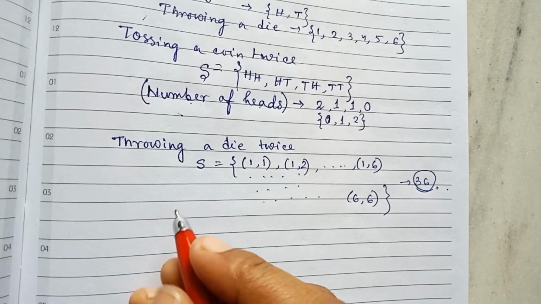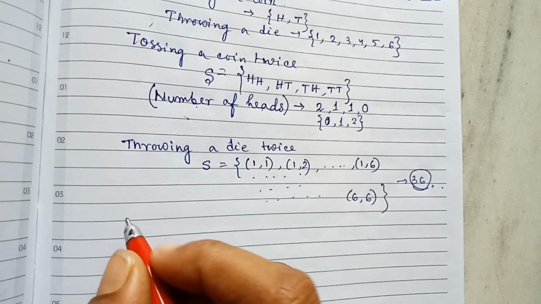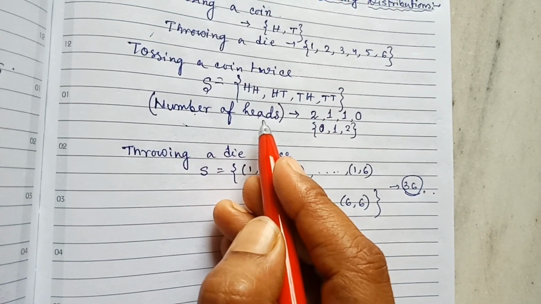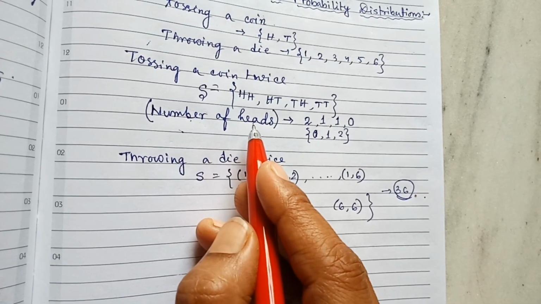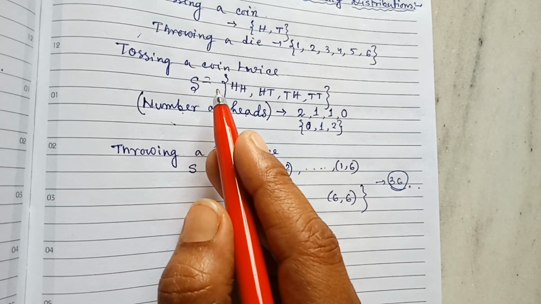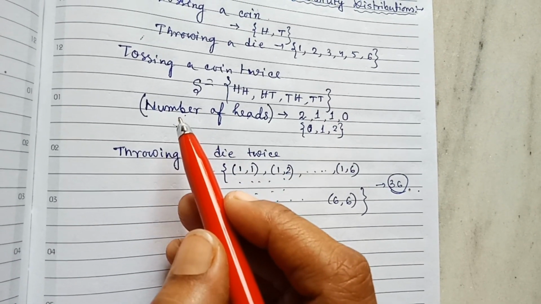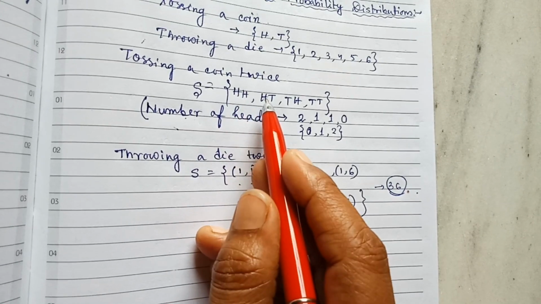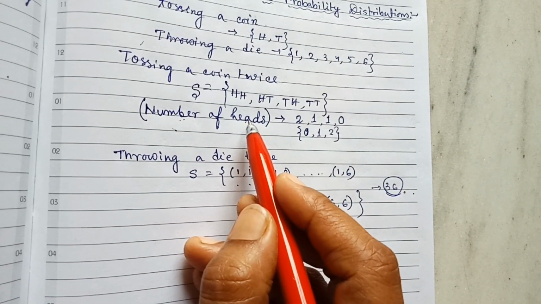Now, if we assign a rule, like number of heads in the first experiment, we are not fixing the number of heads. Rather, we are assigning a rule to all the outcomes.